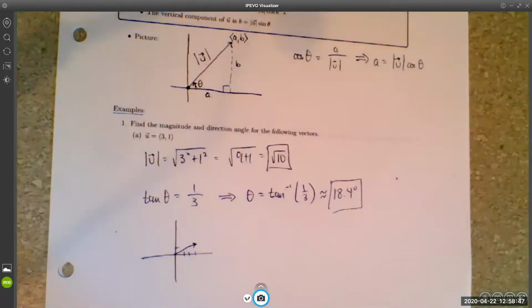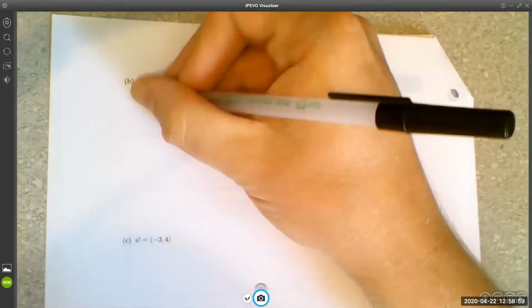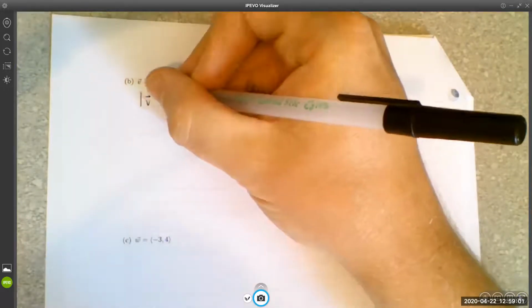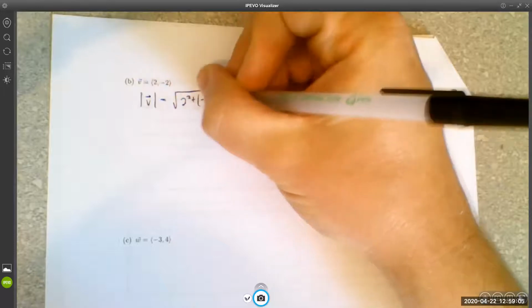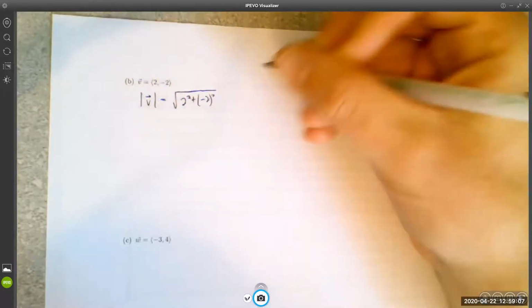Okay, let's look at another example. So again, we want the magnitude and direction of this vector here, vector v. So magnitude is the square root of a squared plus b squared. Careful with your negatives.